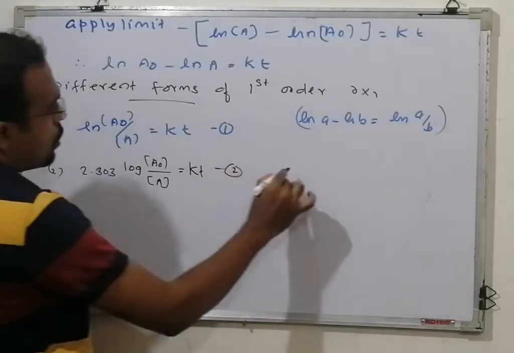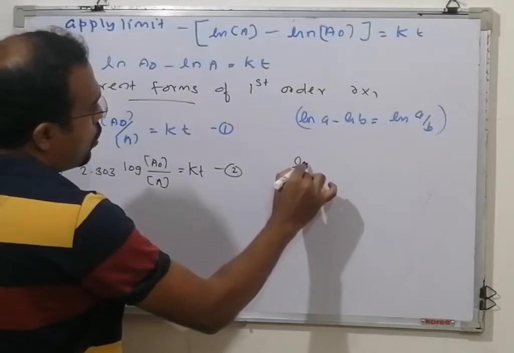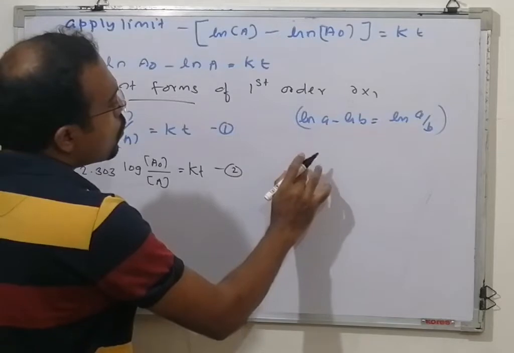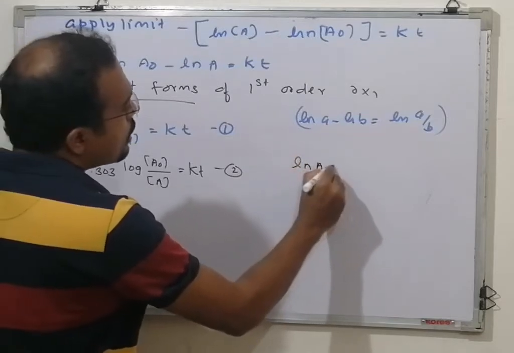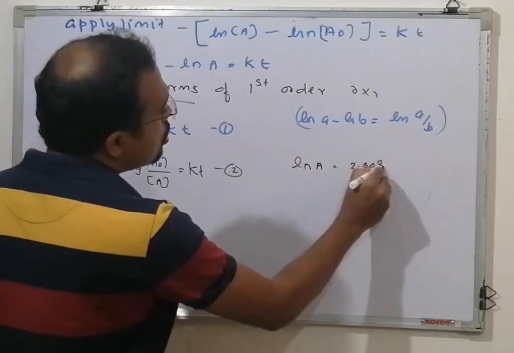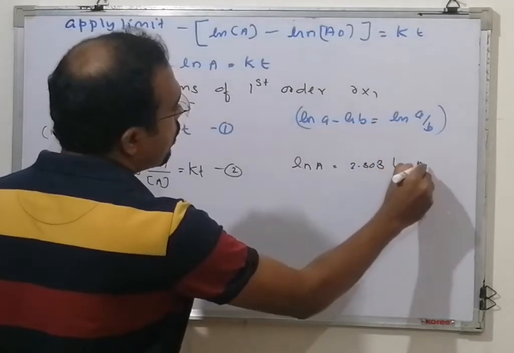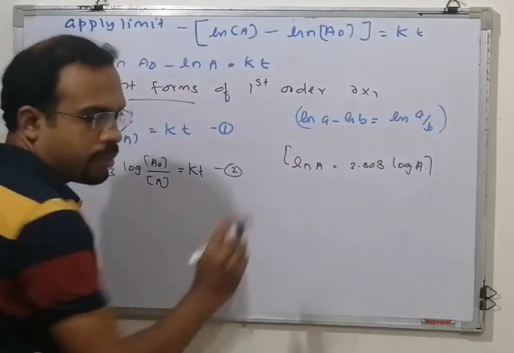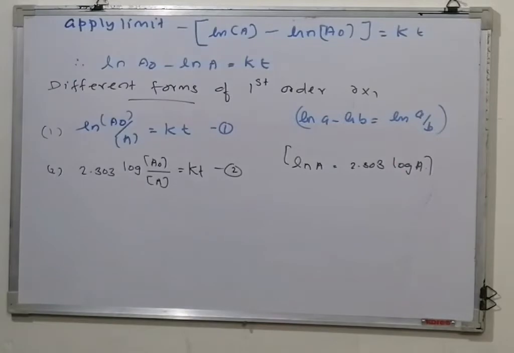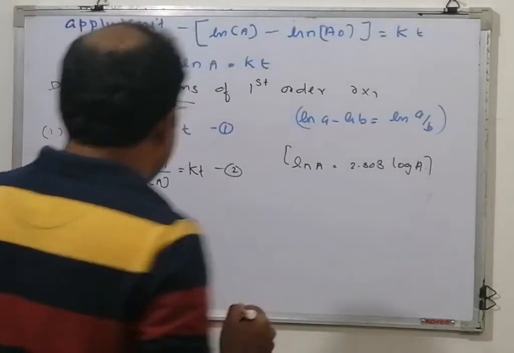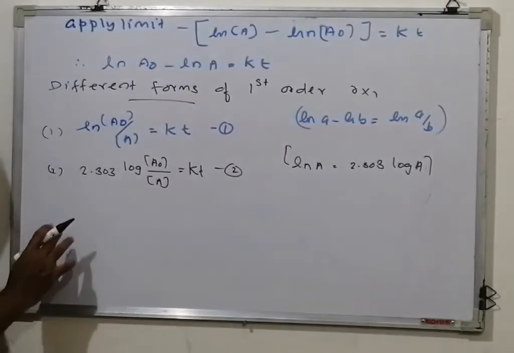Because ln A is equal to 2.303 log A. This is another mathematics. Okay, fine. Yes.